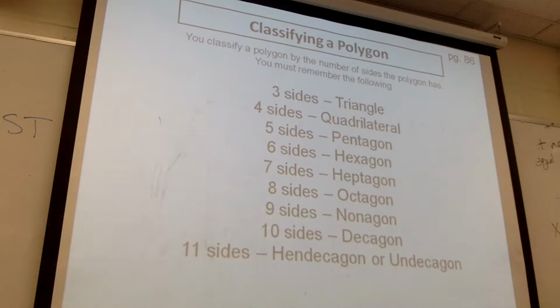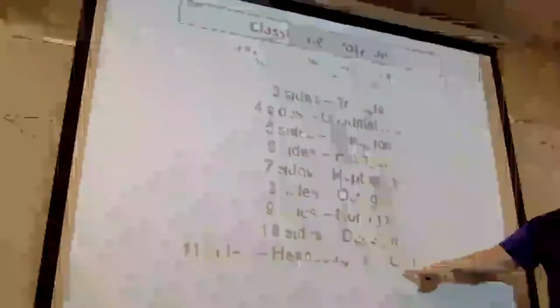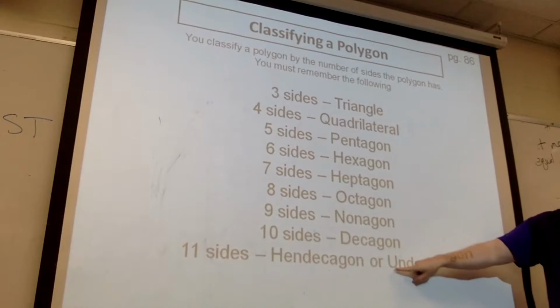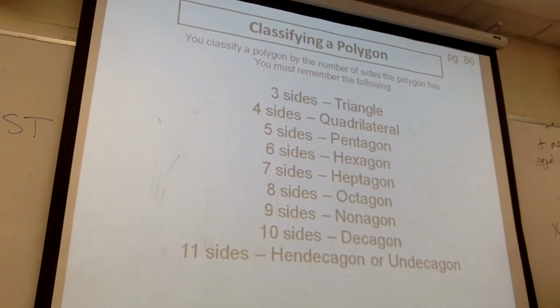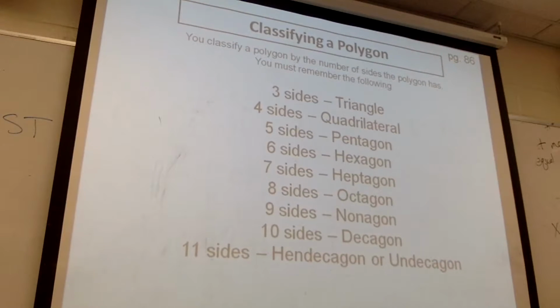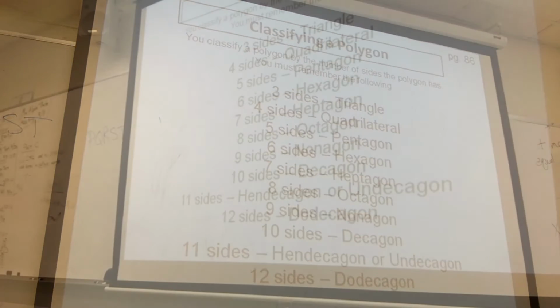Undecagon also works. Because the way these are set up, the un would mean 1, so it's 1 plus a decagon, which is 10, so that's how you're getting the 11. And the 12, which they have written out in there, yes? Yeah, so 12 being a dodecagon, right? Do means add 2 to the 10 that's already there, that's how you're getting to the 12.